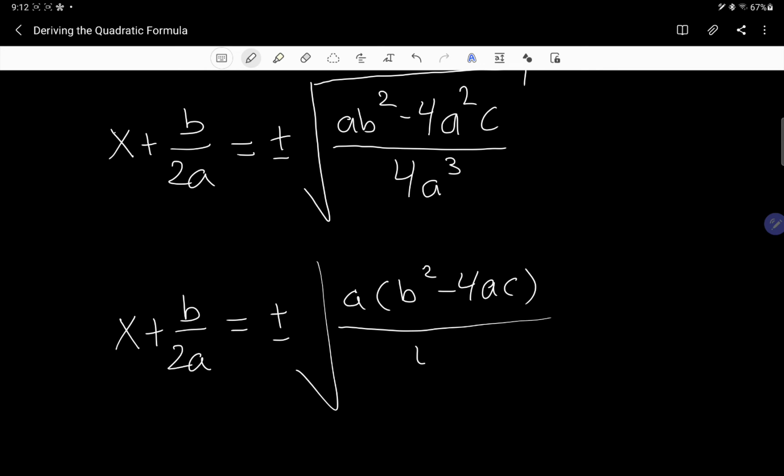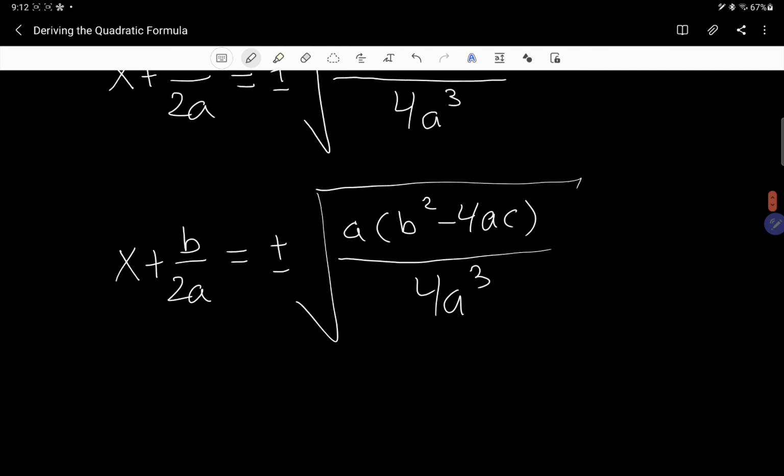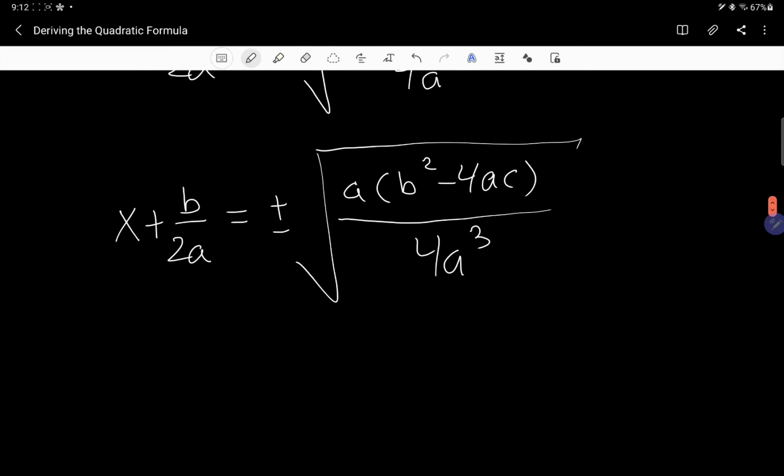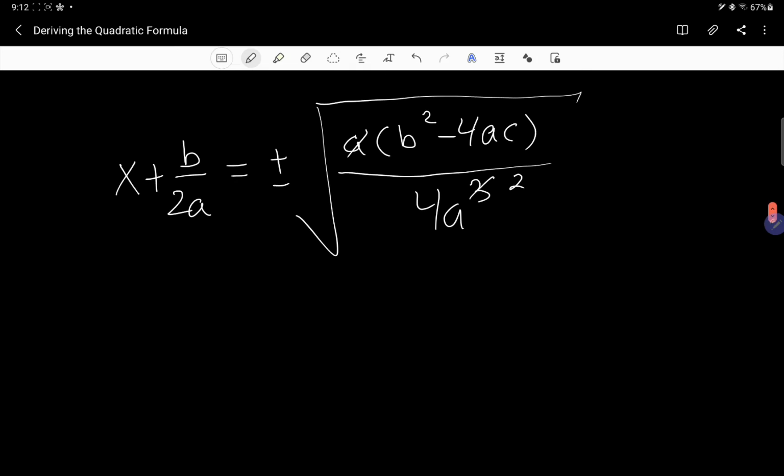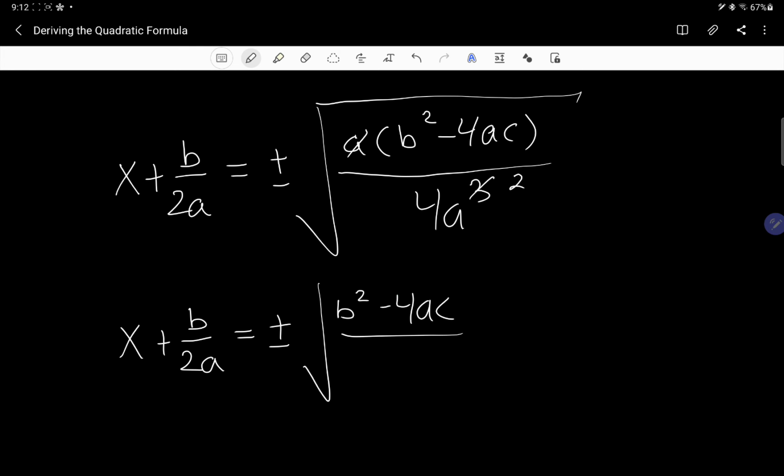And this is all over 4a cubed. Now we can cancel this a with one of these here, so this becomes a square term. So just rewriting, b squared minus 4ac over 4a squared.